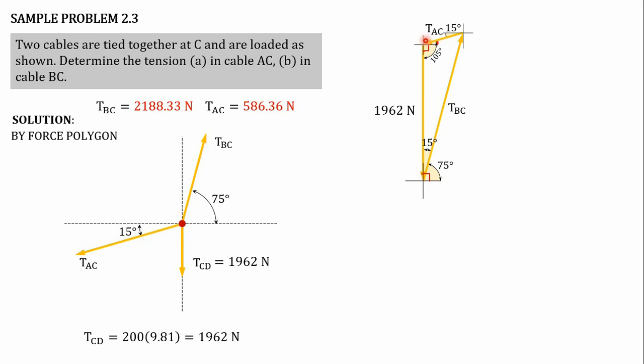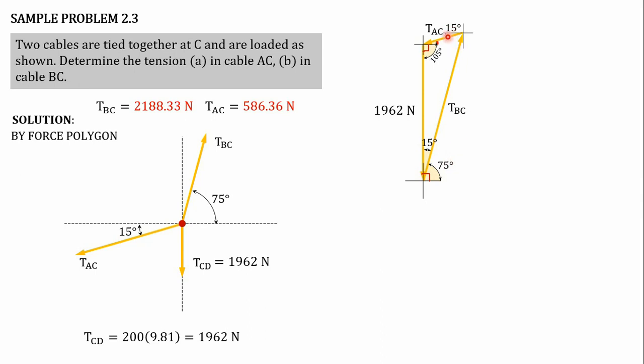If we sum up, kapag sinabi nating triangle, what is the total interior angle of a triangle? That is equal to 180 degrees. So 105 degrees plus 15 degrees, that is 120 degrees.